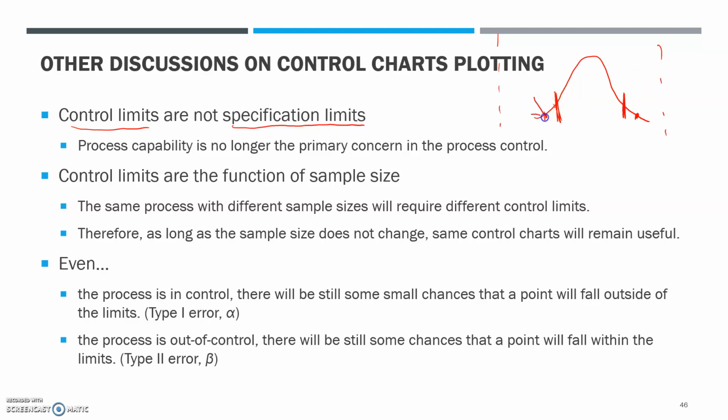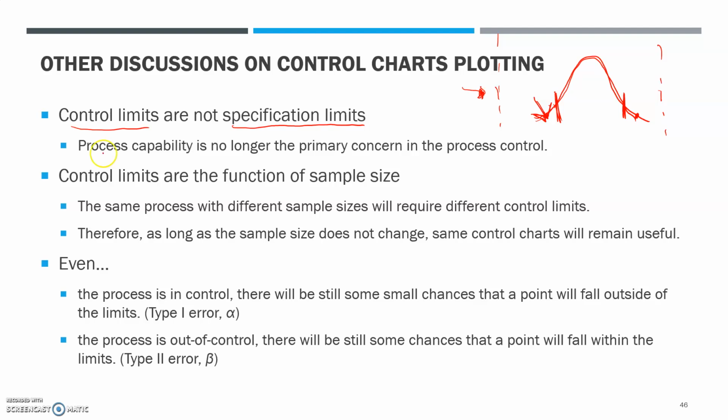Once you see something outside of the control limit, it gives you a reason to stop the line and re-examine what is wrong with the process. But it does not require you to re-examine the specification limit, because that is a hard limit, determined by the customer's demands and requirements. So specification limit and control limit are two different concepts.